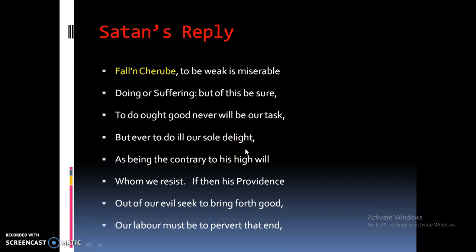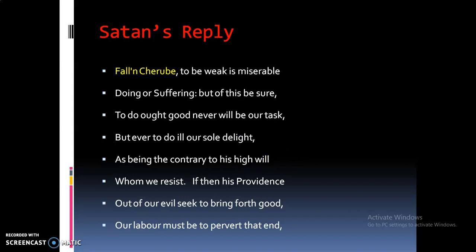So Satan quickly replies that their intention is not to do any good thing, and their pleasure shall be only to do evil. This is what Satan says.